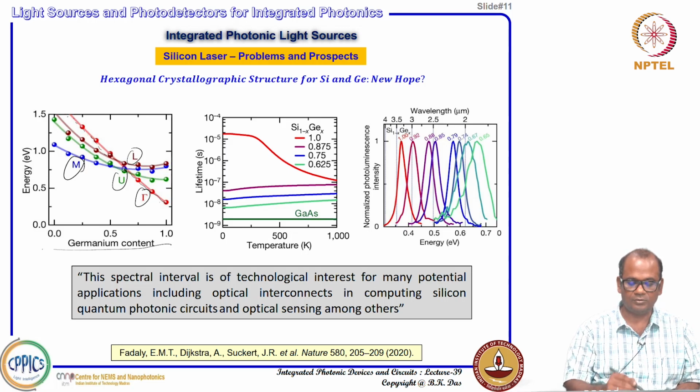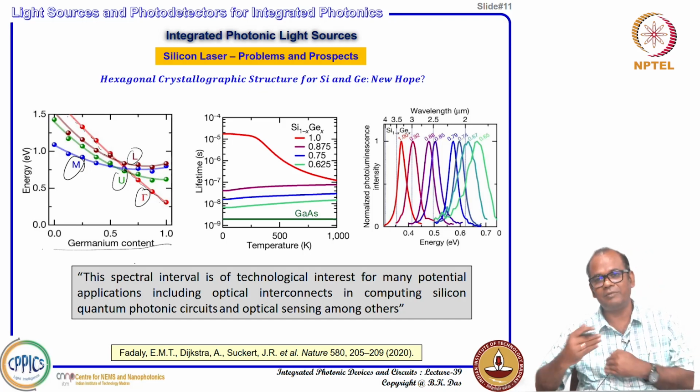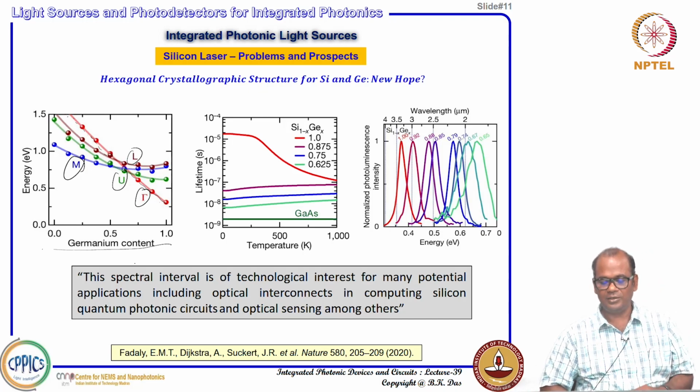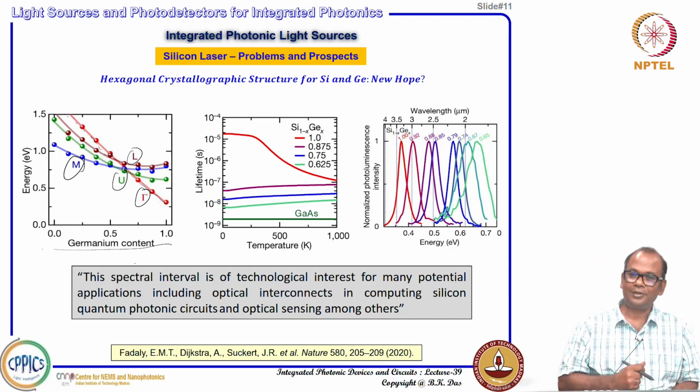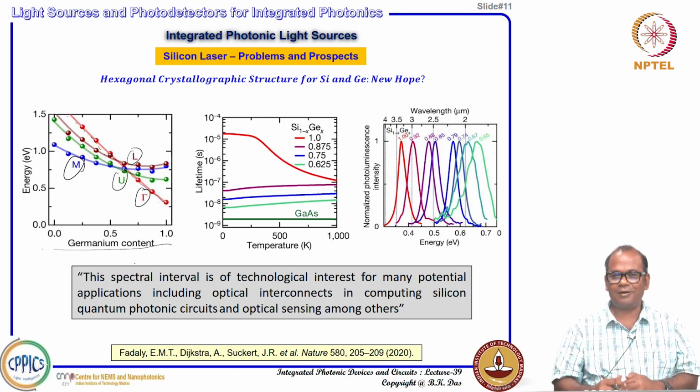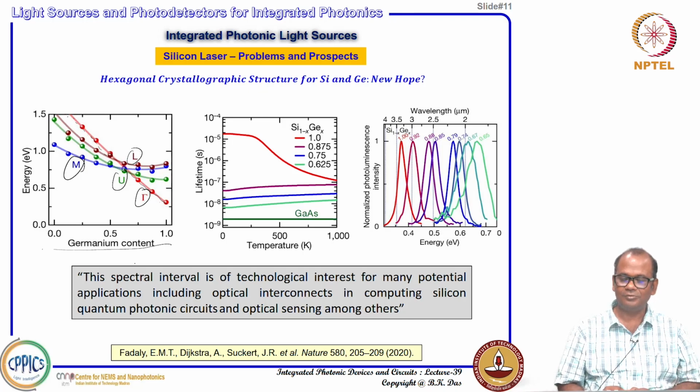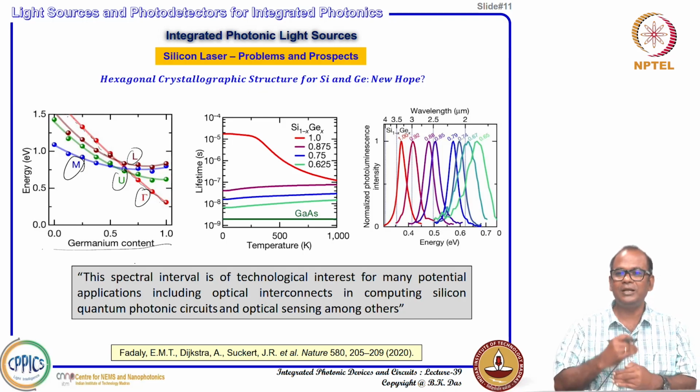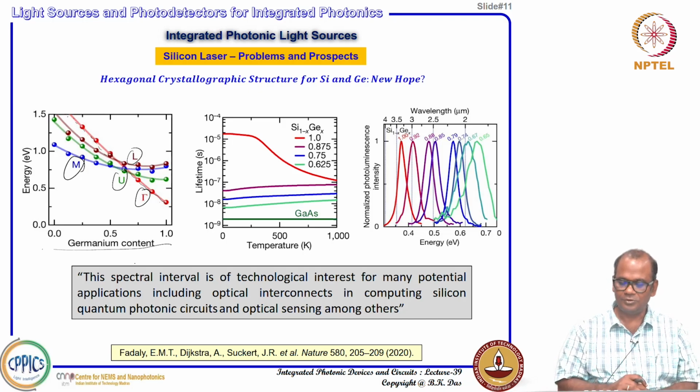This is gamma, the red one, then U valley, L valley, M valley. That means you can actually engineer the band gap, right. And if you make a population inversion, that means more electrons in the conduction band and more holes in the valence band, then radiative recombination of electron and hole will take place.